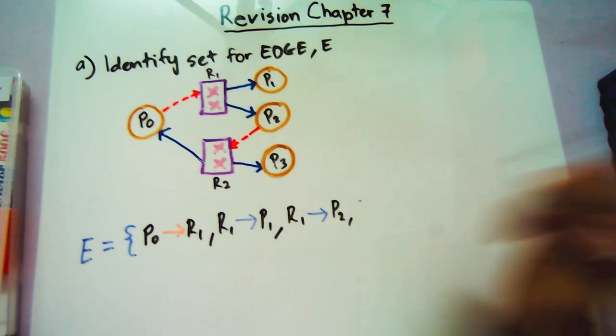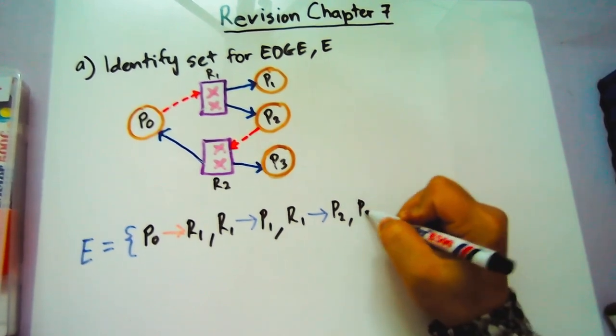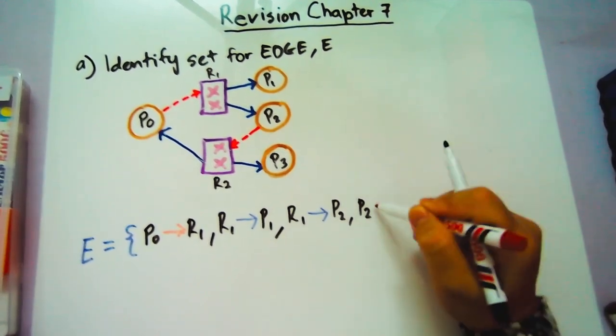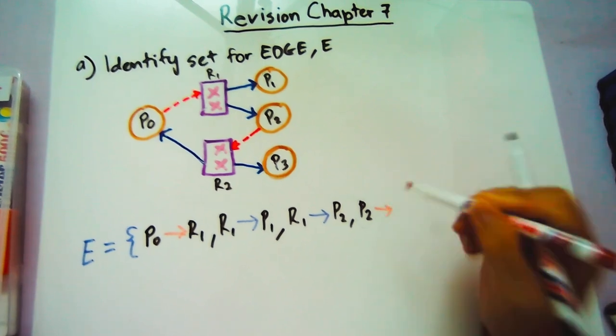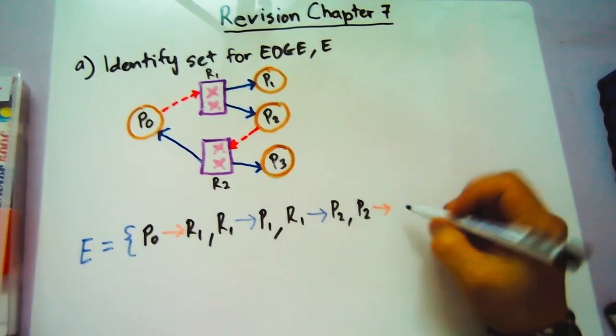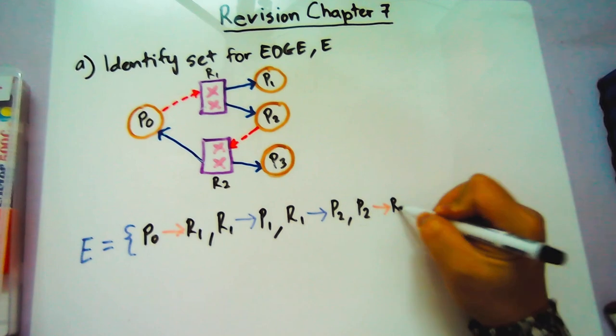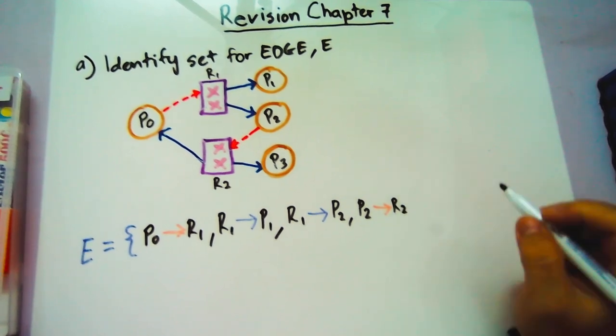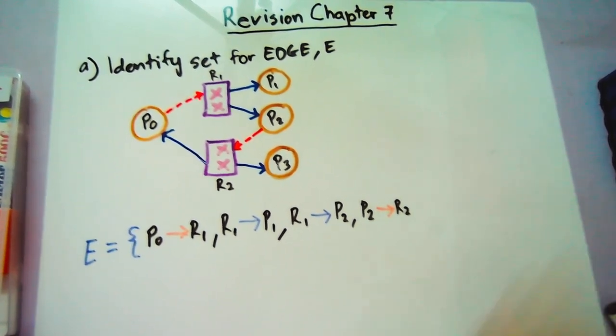The fourth edge is the edge of P2 to R2, which represents process P2 requesting resource R2.